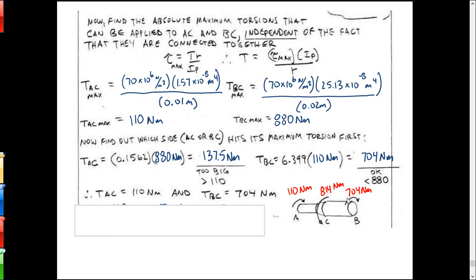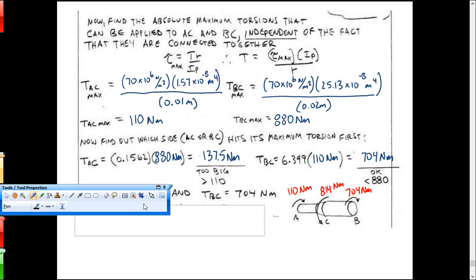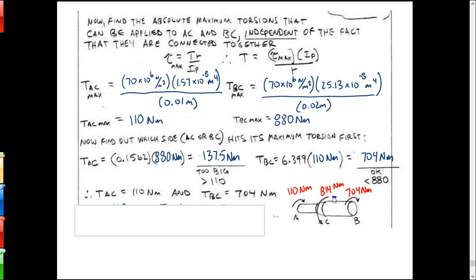So the way I think about this is I think about taking like a pipe wrench and putting it at C, like a really big pipe wrench. And I'm just going to start torquing that side, okay? So I've got this really big pipe wrench here, like that.